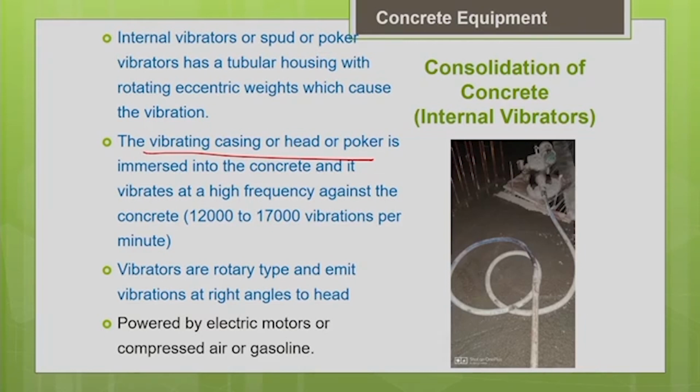How the vibration is produced is similar to the pile vibrator I described earlier. You will have rotating eccentric weights inside the tubular casing or head. Because of the forces produced by these rotating weights, it results in vibration.